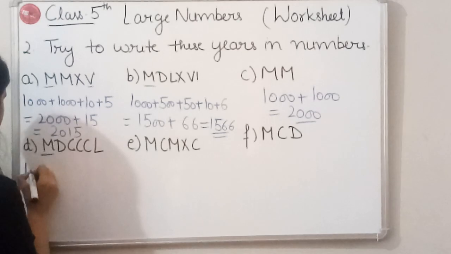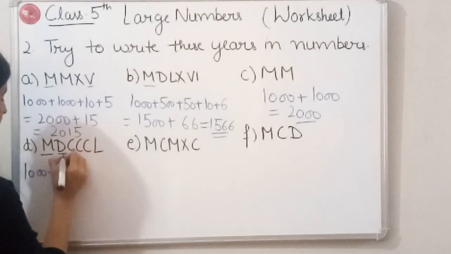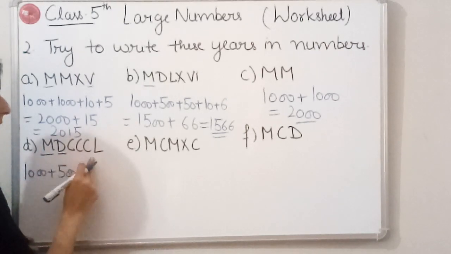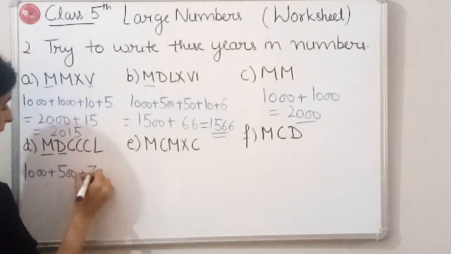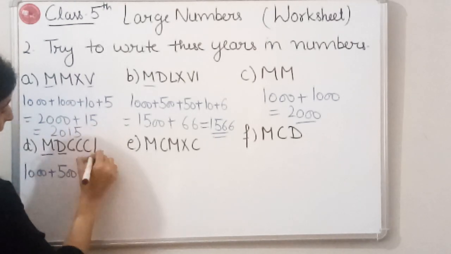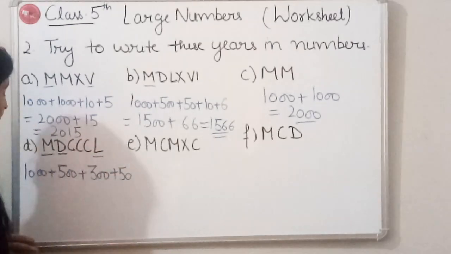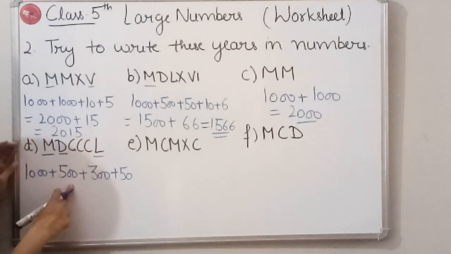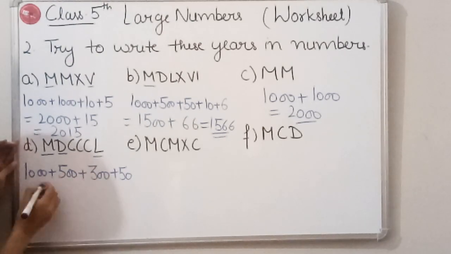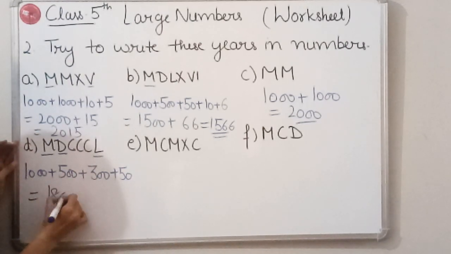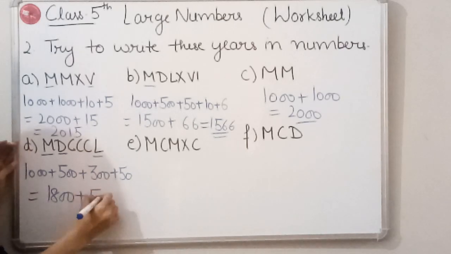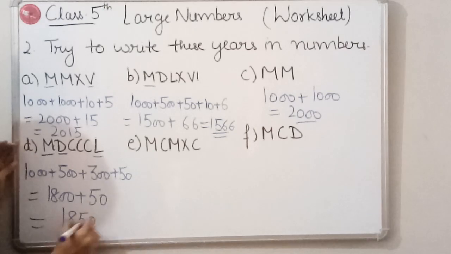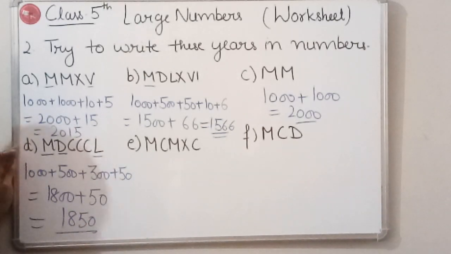M is for 1000. D is for 500. Now this C, C, C: 100 plus 100 plus 100, 300. L is for 50. Okay. So 1000 plus 500 is 1500. 1500 plus 300 is 1800. 1800 plus 50 means 1850.